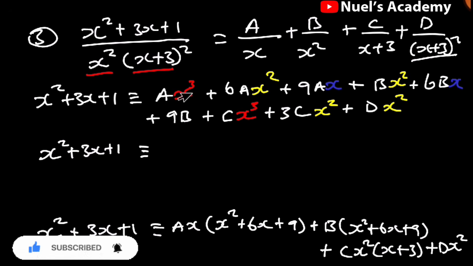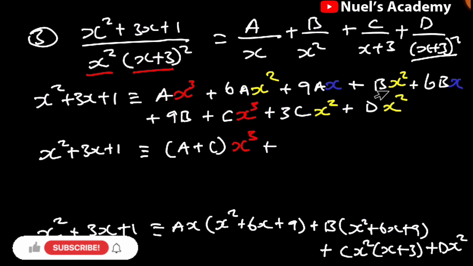We have Ax cube plus Cx cube. So we're going to write it as, we have (A plus C) x cube, plus, we have 6Ax squared plus Bx squared plus 3Cx squared plus Dx squared.